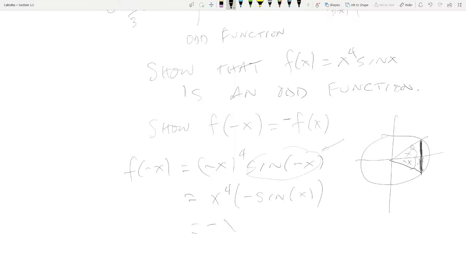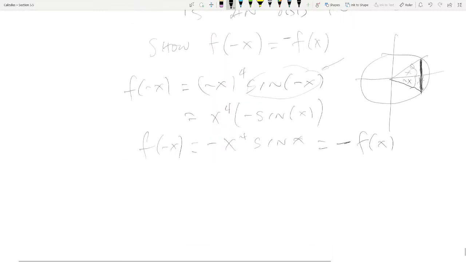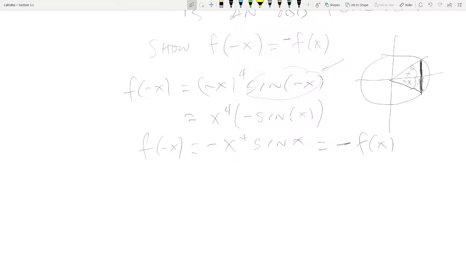So I can pull the minus out in front, and I get negative x to the 4th sine of x, and that's f of negative x, and guess what? That's negative f of x. So I have shown what it is I was supposed to show.